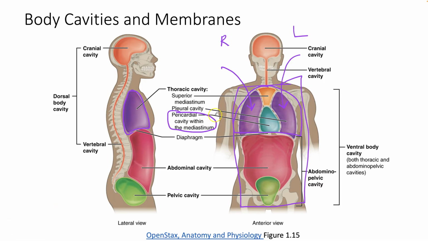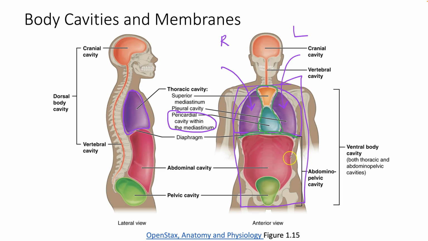Let me change colors here. This particular area that contains the pericardium is called the mediastinum. That is all the mediastinum. So part of the mediastinum contains the pericardium, where the heart is found. We have a diaphragm separating the thoracic cavity from the abdominopelvic cavity.